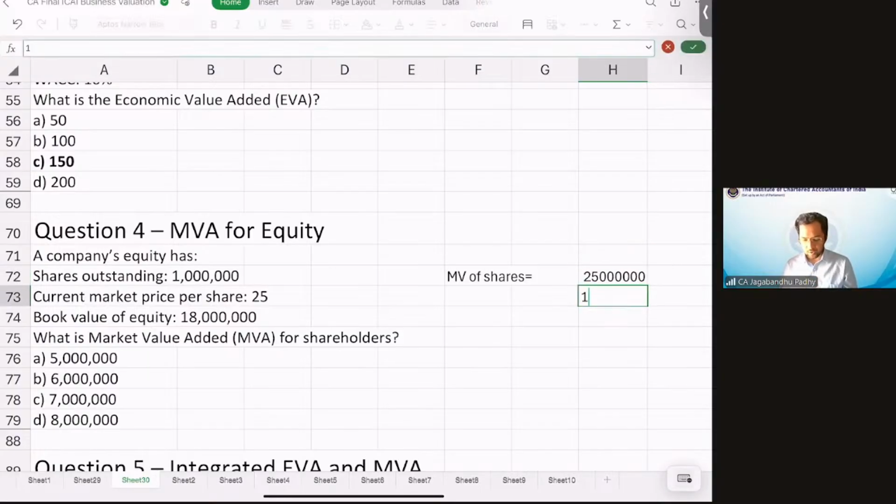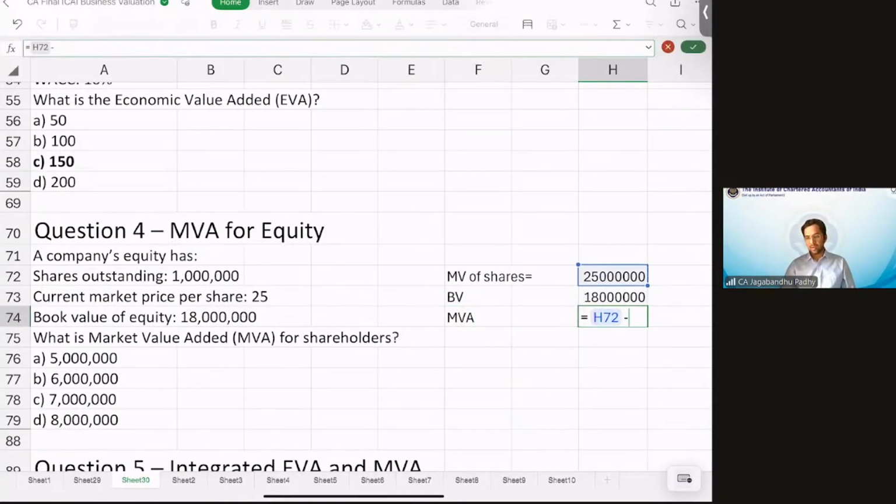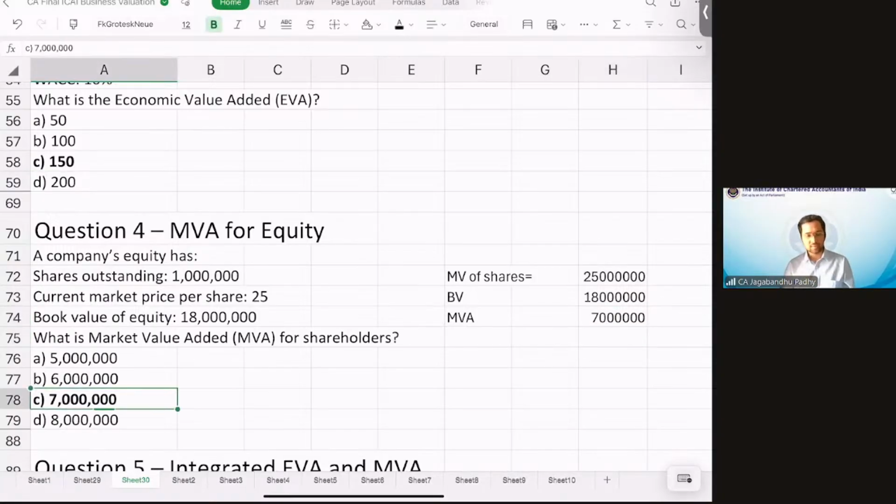On the other hand, book value of equity is 18 lakh. So we have the market value added as 25 minus 18, which is 7 lakhs. So option C is the correct one.